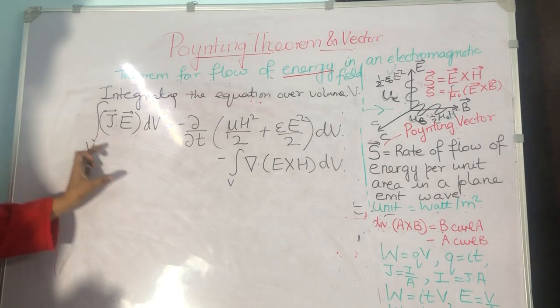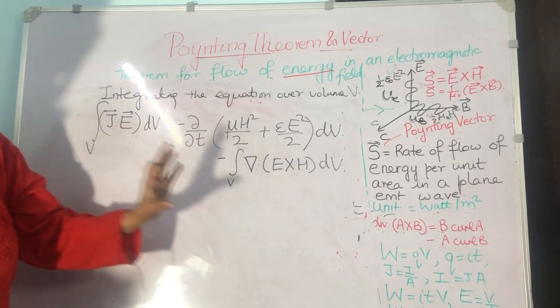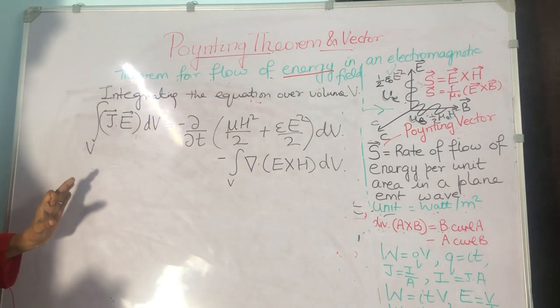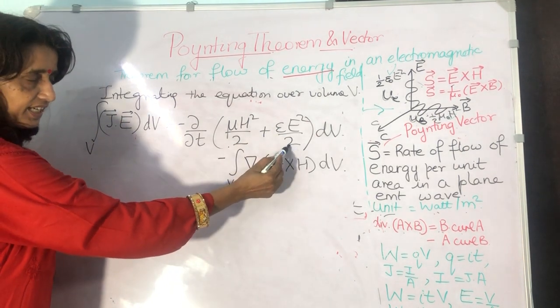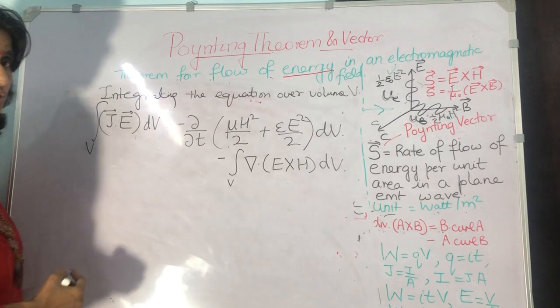This is Poynting theorem, showing you an electromagnetic wave consisting of magnetic field components, electric field components, which is traveling in a medium.